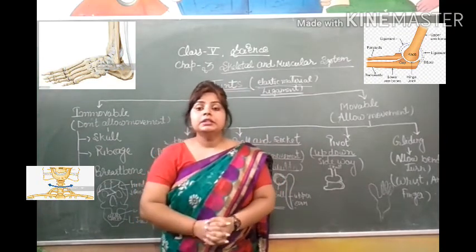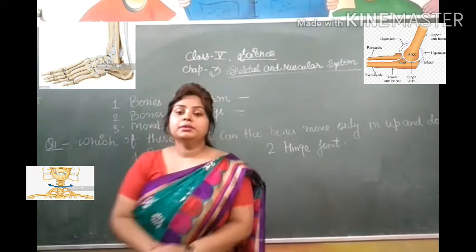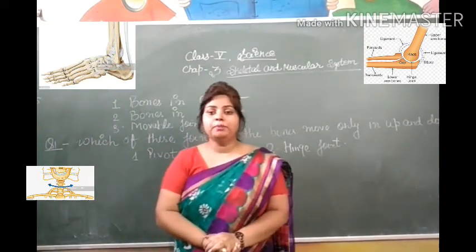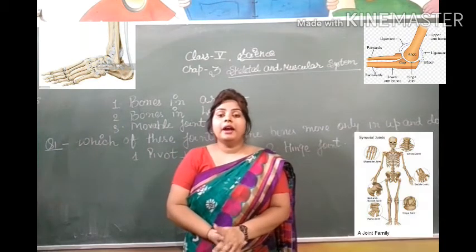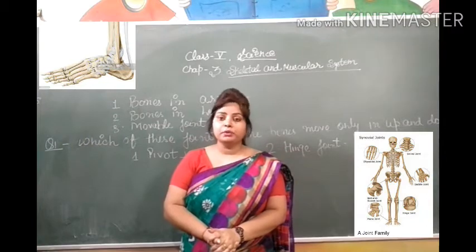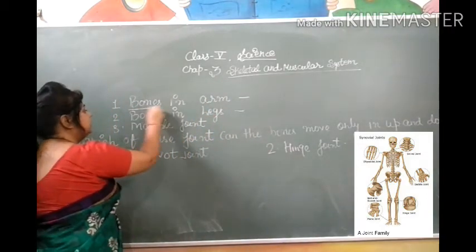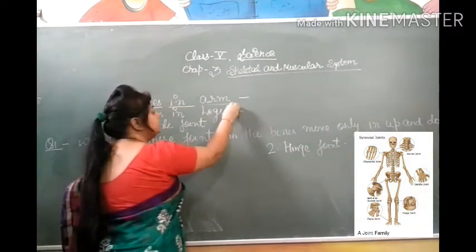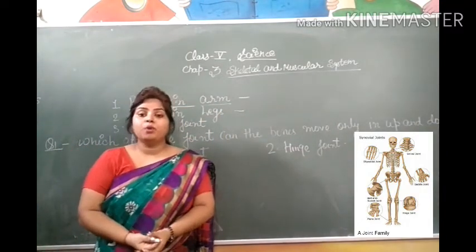Now students, this topic is finished here. So the joint topic has been finished, and here I have some questions for you. So let's see. First question is bones in arms. Our arms have which type of bones?